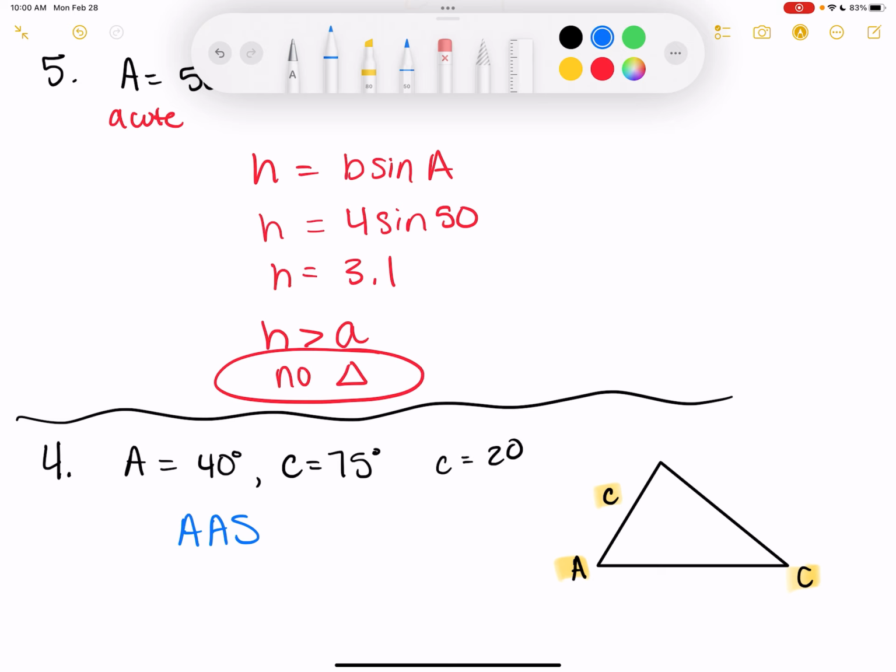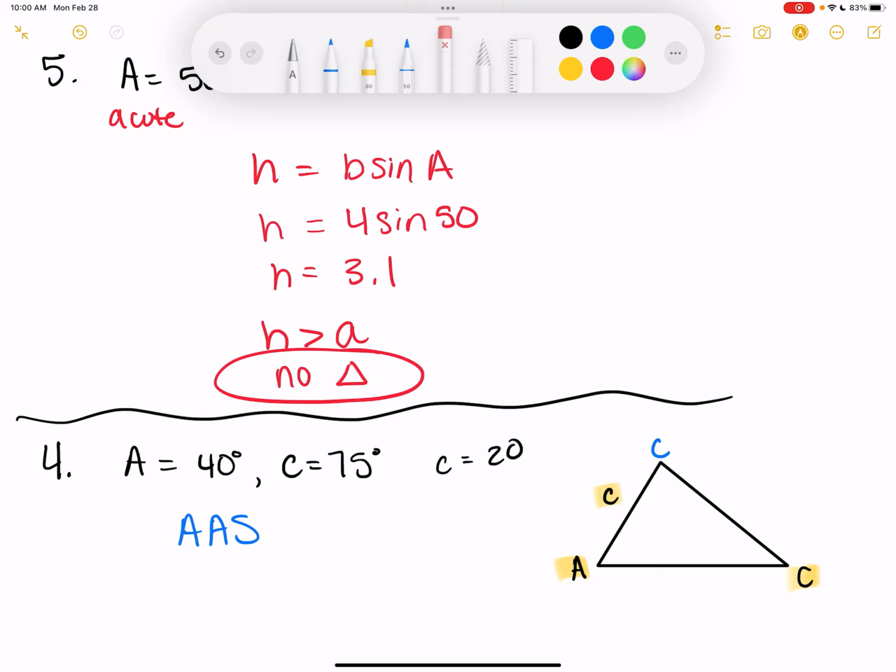Sometimes people try to put the side here. The reason I emphasized putting the side opposite from the angle is because I have had people say that this goes right here, and then they say it's angle, side, angle. It can't be.